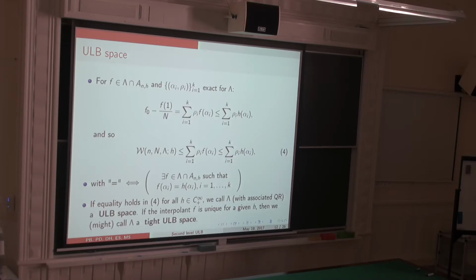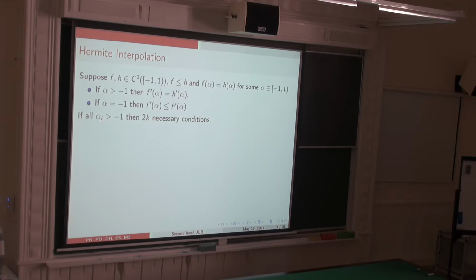If this bound is attained, we call that ULB space. And if there is only one interpolant f that satisfies these interpolation conditions and stays below h, then that's called tight ULB space. The Hermite interpolation is necessary because f has to stay underneath h; it will not only interpolate at a certain point, but it also has to interpolate the derivative. So there is that necessary match whenever the node is internal.